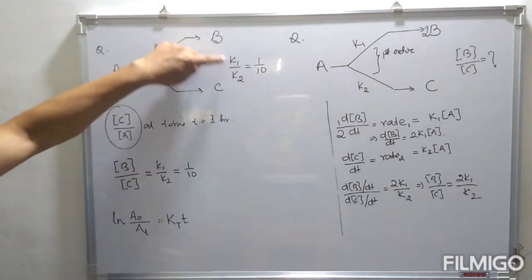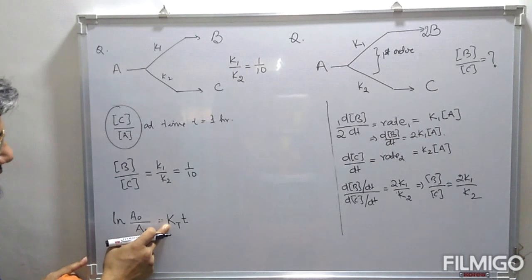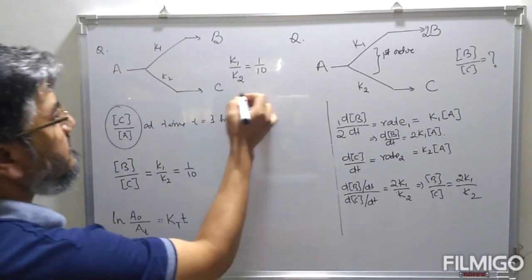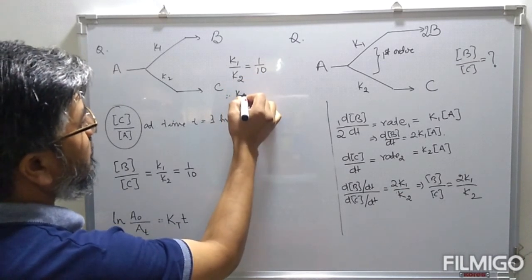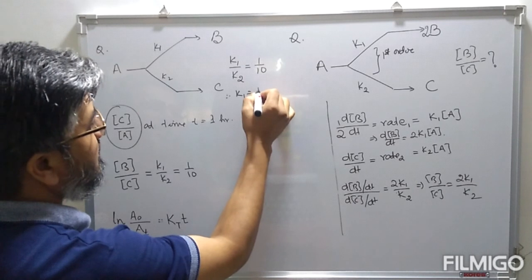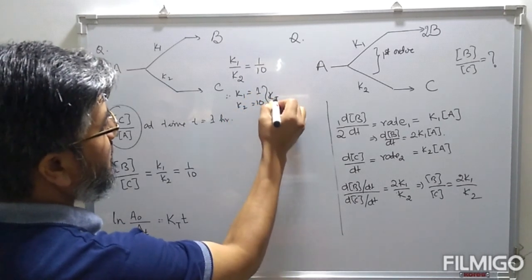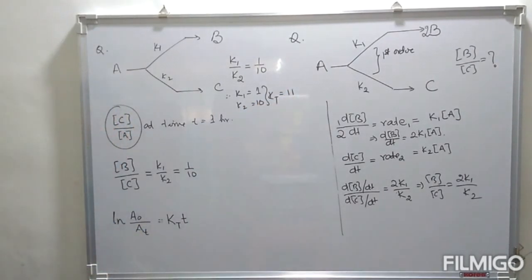The K1 K2 ratio is 1 is to 10. So look at this, K1 is 1, K2 is 10. So K total, this is K1 plus K2, that is 11.